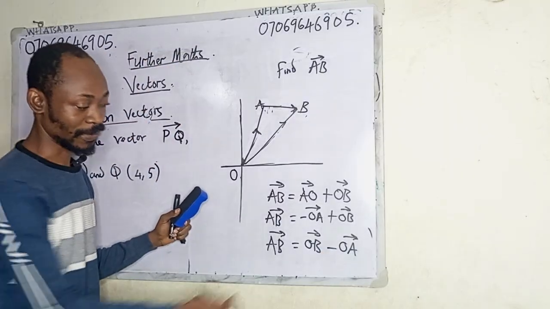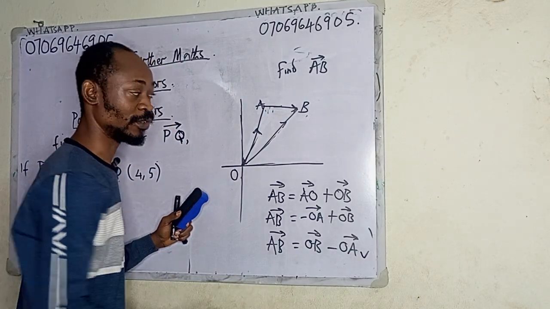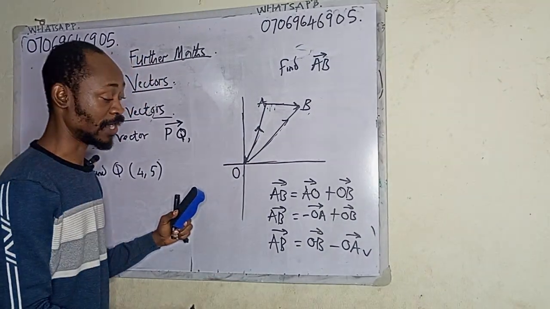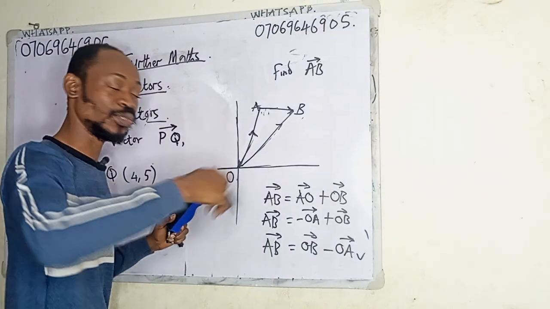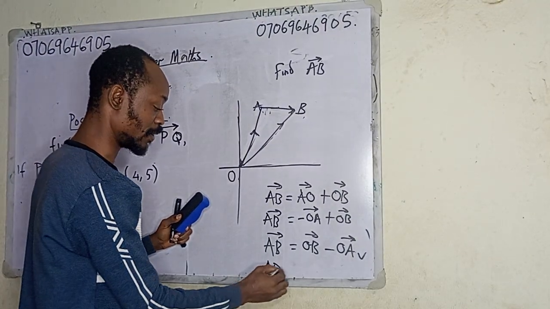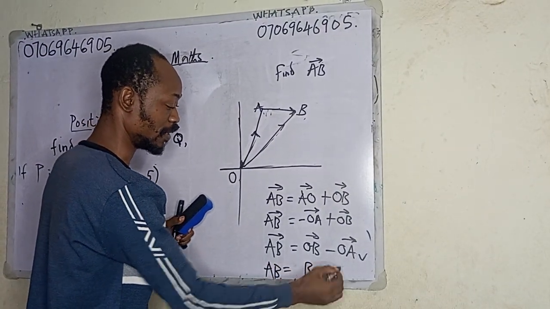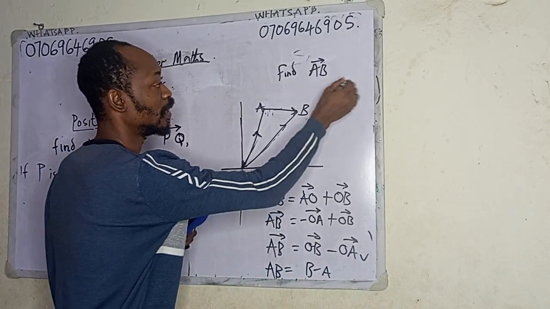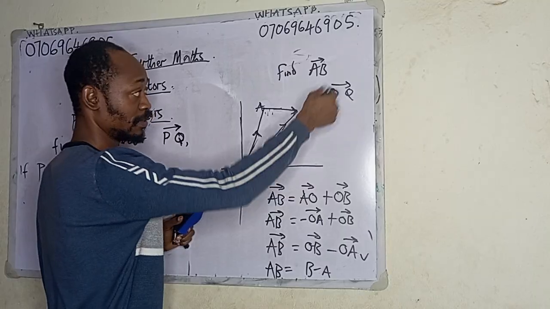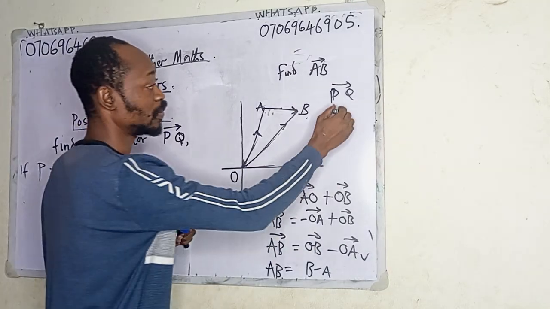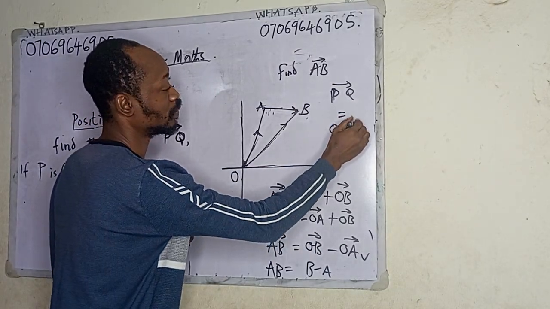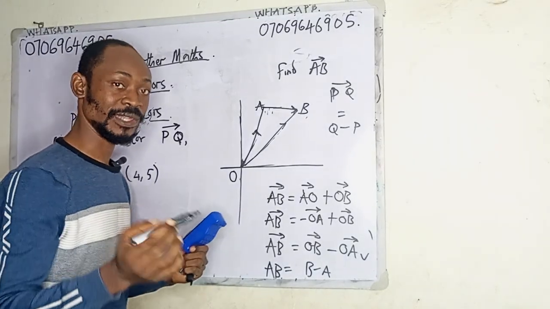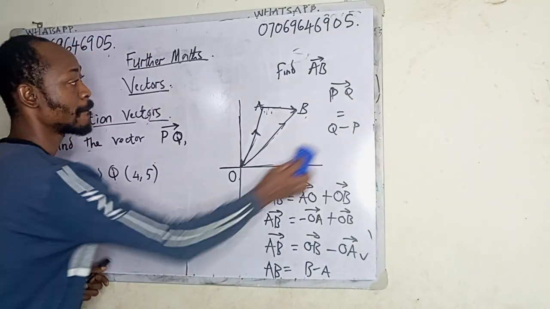So basically, if you're solving questions that require position vectors, and you're asked to find from A to B, AB becomes B minus A. If it's from P to Q, for example, the question says find vector PQ, it becomes Q minus P. So that's how we're going to be solving it going forward. All right, see you in the next question.